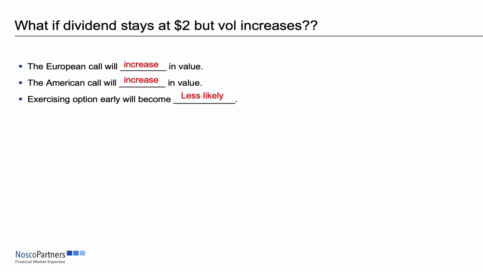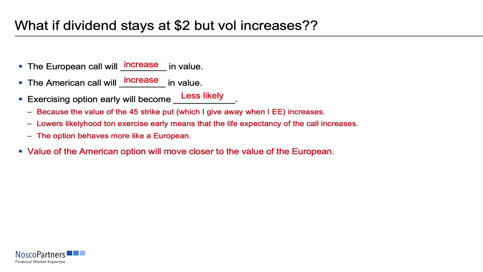We lose the 45 put. That put we lose has a value. If volatility is higher, this put we are giving away has an even higher value. So the more uncertain the world, the more preferable it is to stay in the option. Hence, in high volatility environments, American options behave more like European options, and it gets less likely that you exercise them.